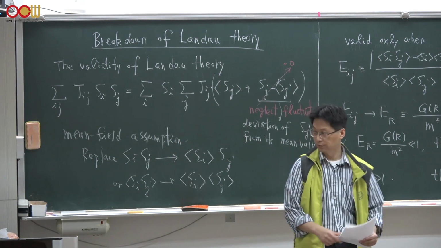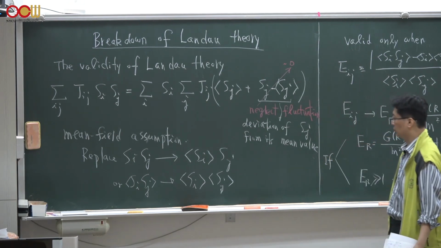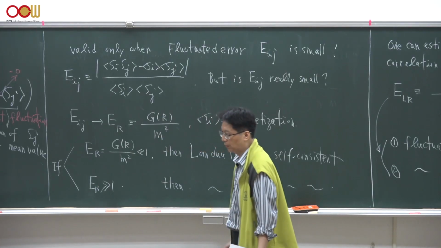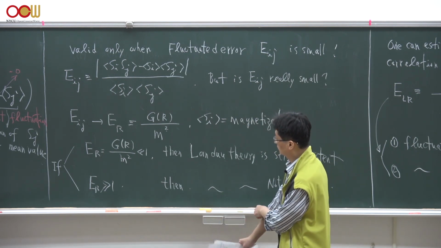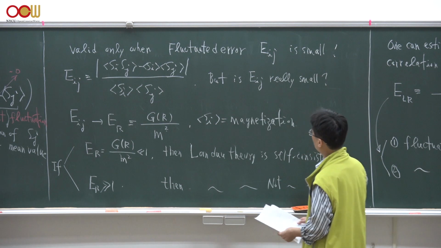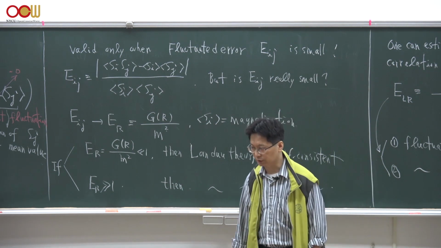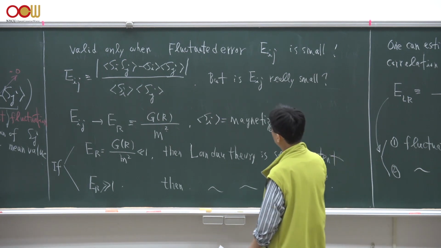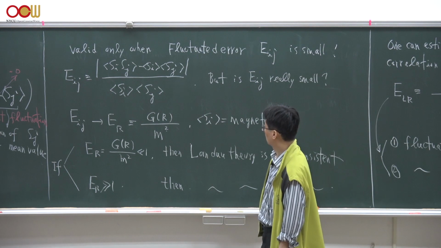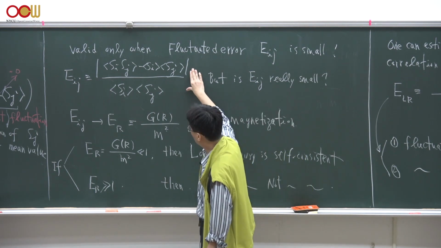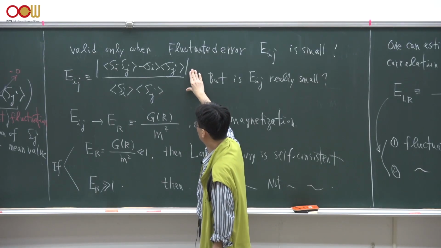If we simply naively take this mean field approach, then of course we need to estimate the error bar, or the percentage of error, by doing this mean field treatment. And of course, this mean field approach can be rigorous as long as this fluctuation error is small. So we define the error bar of Landau's mean field approach by this ratio.